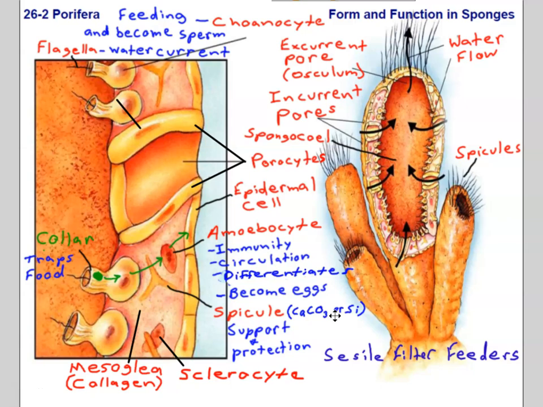Most of them are in salt water, in the oceans. And the spicules are built by specialized cells known as sclerocytes. The sclerocytes differentiate from amoebocytes. So amoebocytes will differentiate into sclerocytes, and the sclerocytes then will secrete the substance to build the spicules, whether it be calcium carbonate or silica.